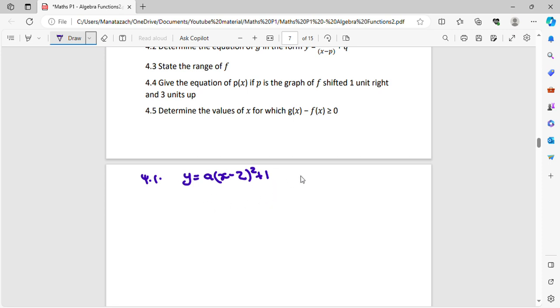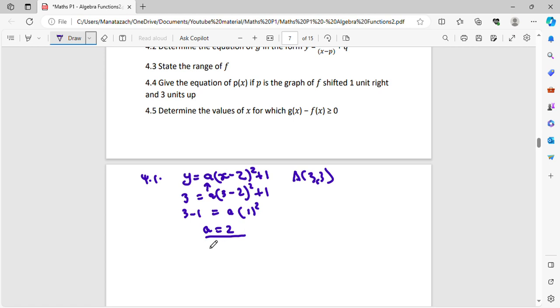We've also been told that the graph passes through point A, so we can use point A to solve for a, this variable here. On point A, y is 3 and x is also 3, therefore we can easily solve for a. a is equal to 2.